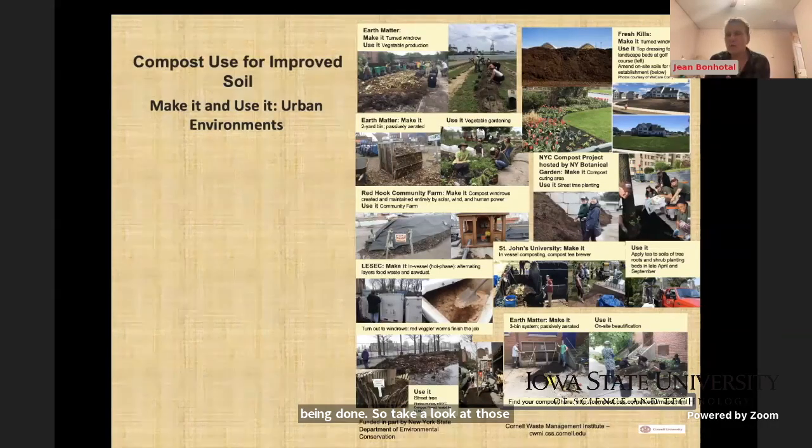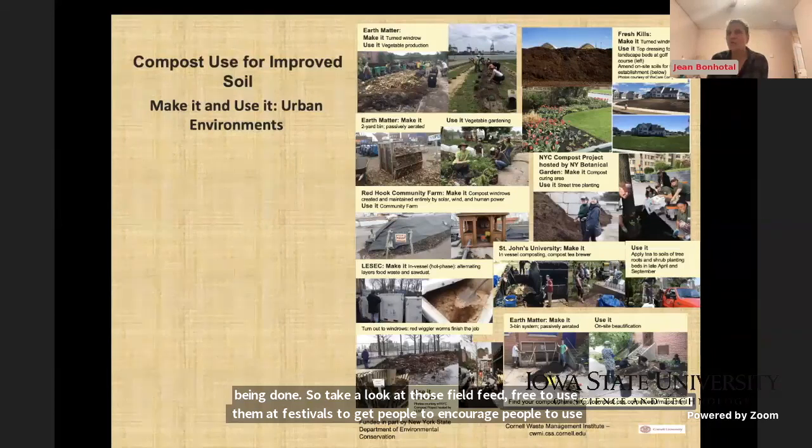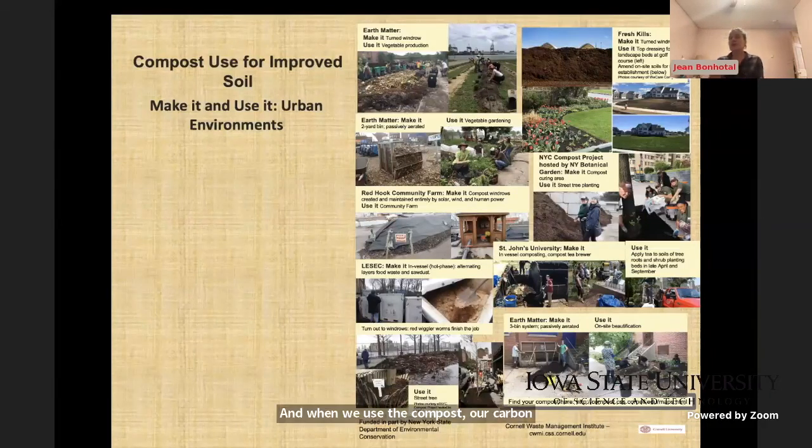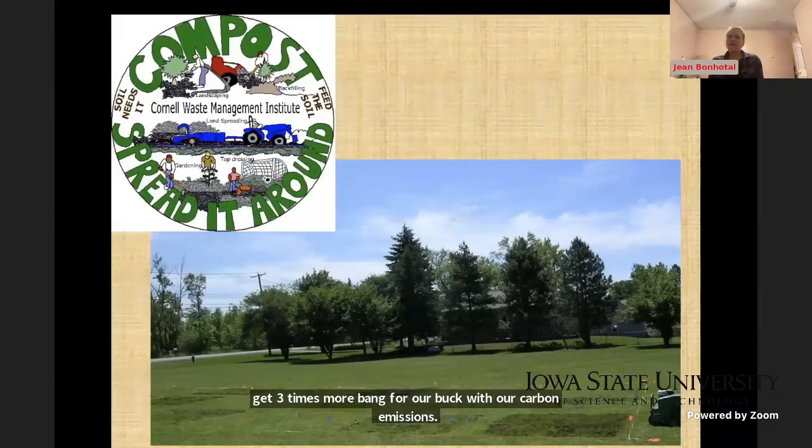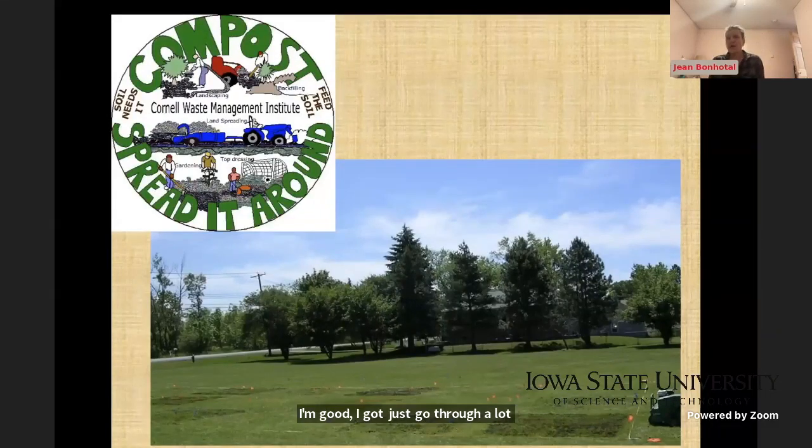And when we use the compost, our carbon footprint is even better. We're kind of neutral when we compost it, but when we use it, we get 3 times more bang for our buck with our carbon emissions. I'm going to just go through a lot of different pictures right now of the ways that we're using compost.